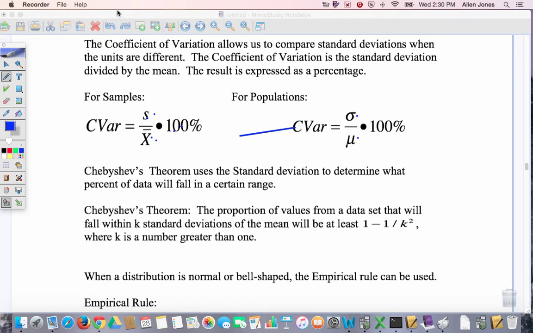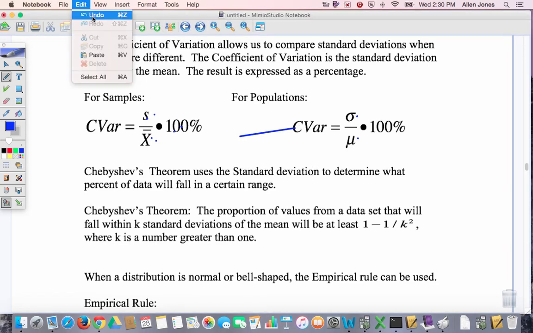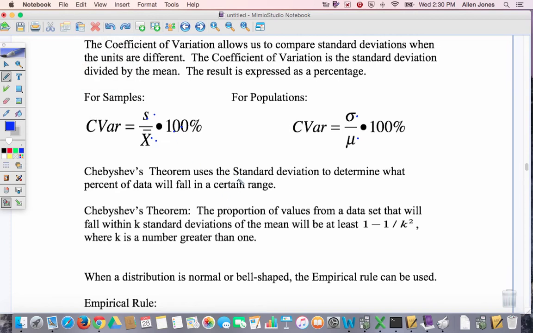And once again, that allows us to compare how spread out two separate sets of data are. So I could take my test scores from a stats class and compare the variation of the test scores in a trig class and know which ones were more spread out compared to the mean itself.